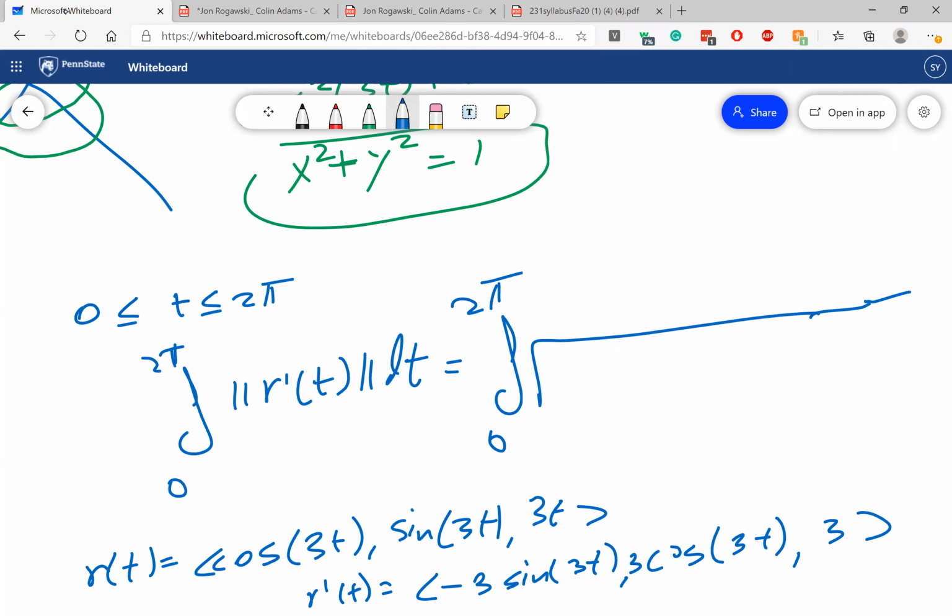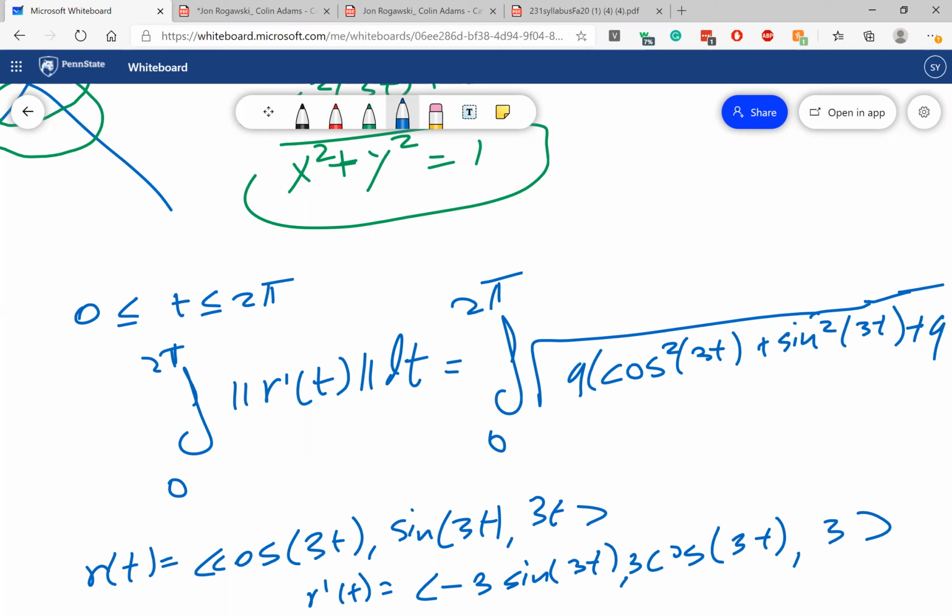So then over here we would get this thing squared, so that would be 9. I'm going to take out the 3 from there, and this squared is going to be 1, but I'm going to write it out. So that's cosine squared of 3t plus sine squared of 3t, plus 9.